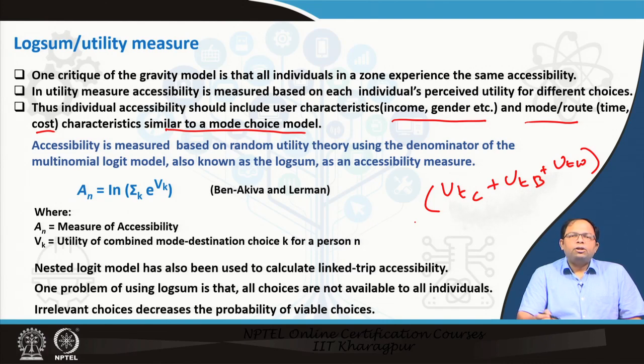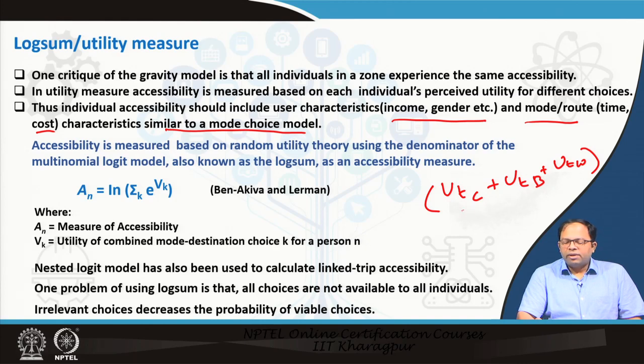So in a multinomial logit model, basically a logit model is a way to derive probabilities for each choice that we undertake, and that is based on the utility of those particular choices. And multinomial means there are multiple options, from which we can choose one.